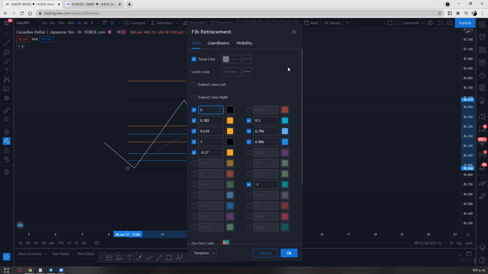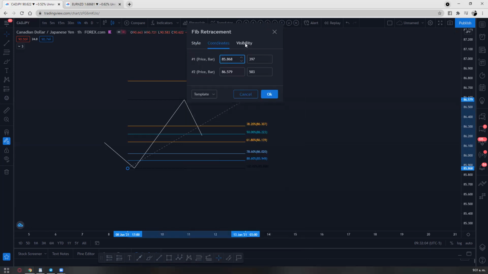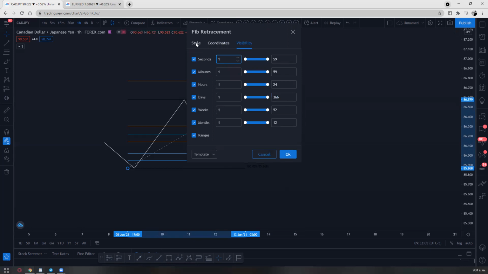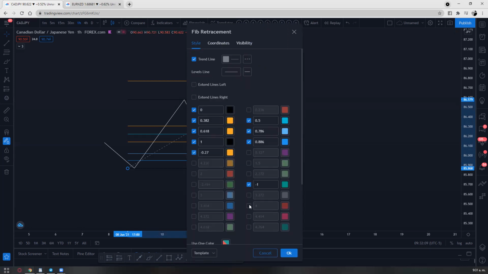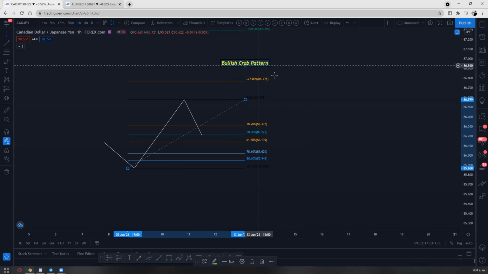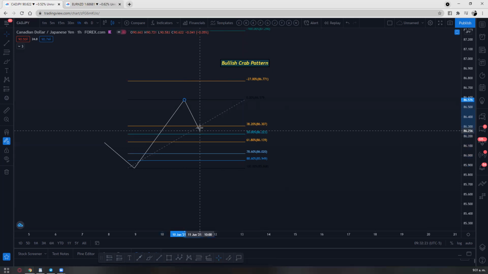You can screenshot, or you can pause the video and set it up like that. Coordinates and visibility are pretty much the same, everything else. But this is what matters. The colors, of course, you can put the color you want, but you can set it up this way. Once you do that, usually for the crab pattern, the pullback should be reaching at least the 38.20 right here.